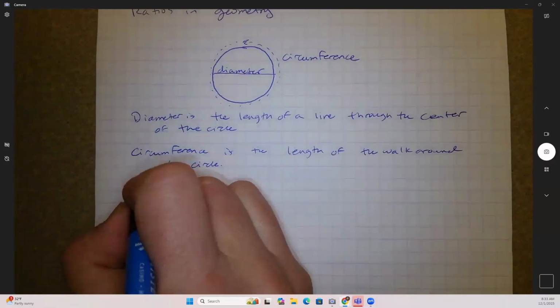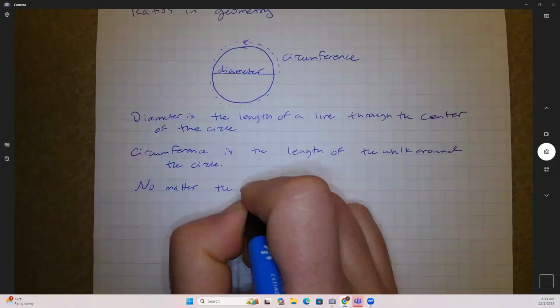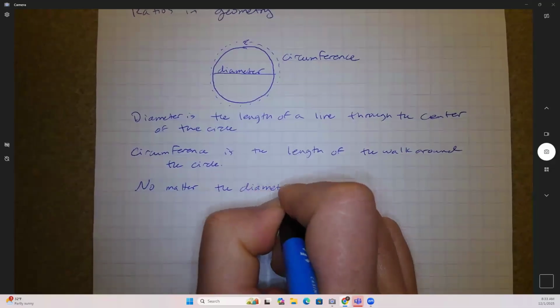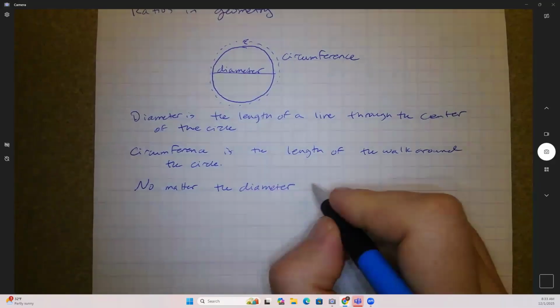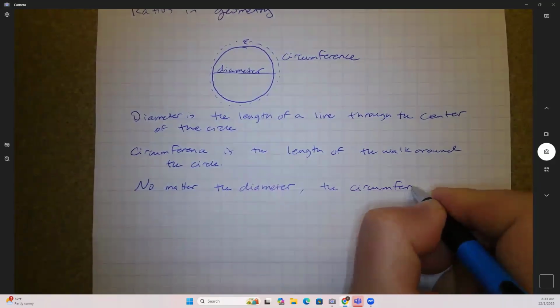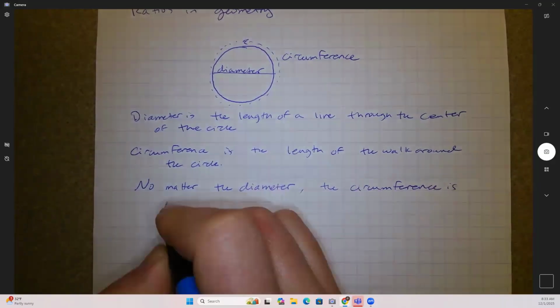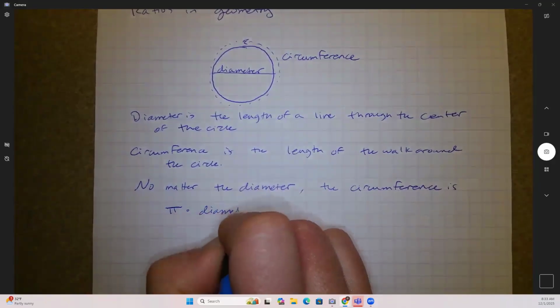And no matter the diameter, whether it's 1 unit or 10 units or 39 units or 68.5 units, no matter the diameter, the circumference is pi times the diameter.